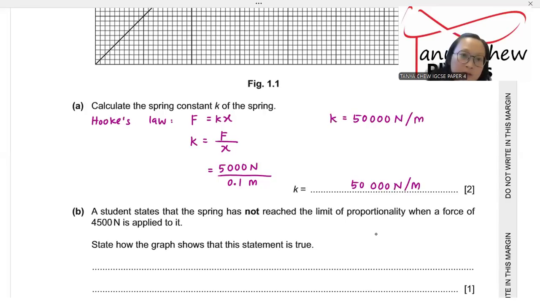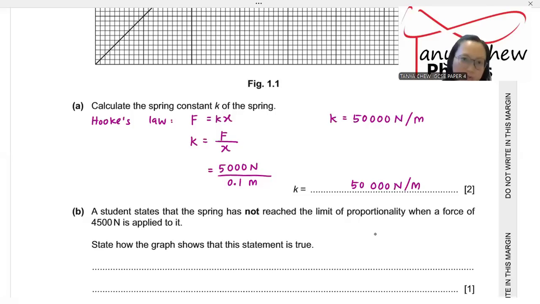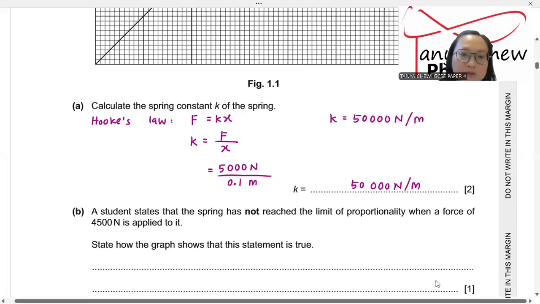That's the answer. So to get the full marks, 2 marks for this, you have to substitute the correct values, use the correct equation, and you have to get the correct answer together with the correct units. Then only are you eligible for these 2 marks.